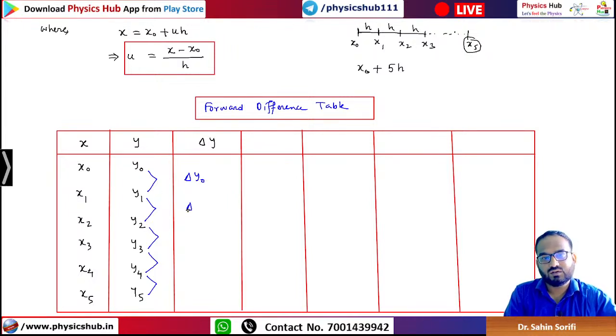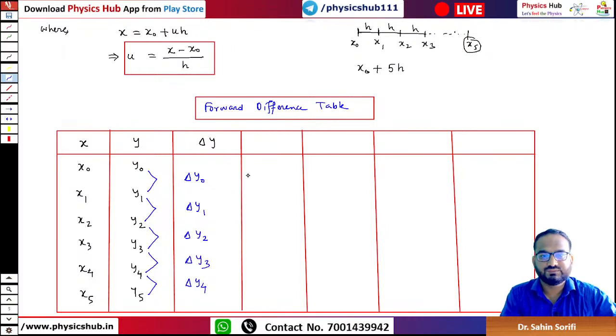Delta y1 means y2 minus y1. Delta y2 means y3 minus y2. Delta y3 is y4 minus y3. Delta y4 is y5 minus y4. So from this we get the values of delta y.